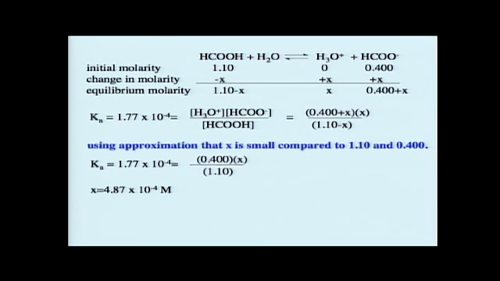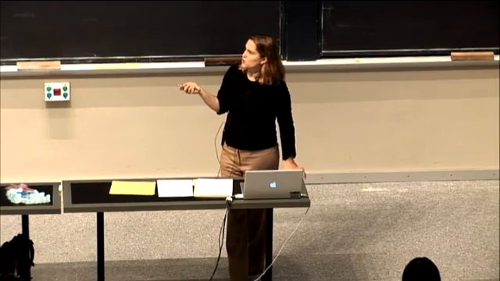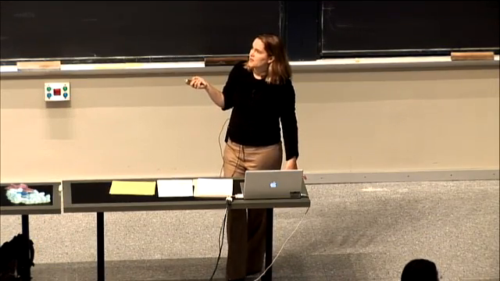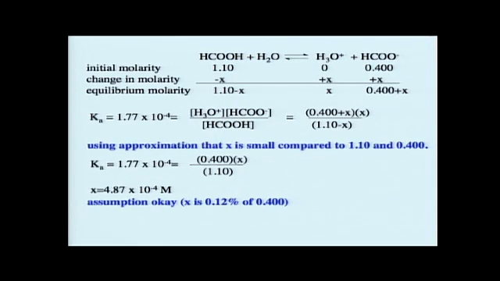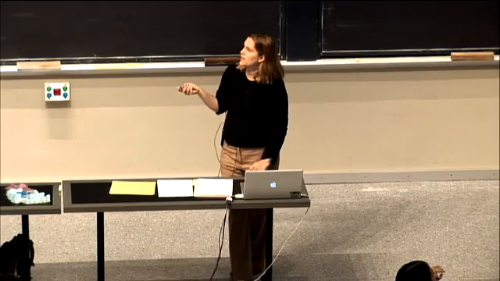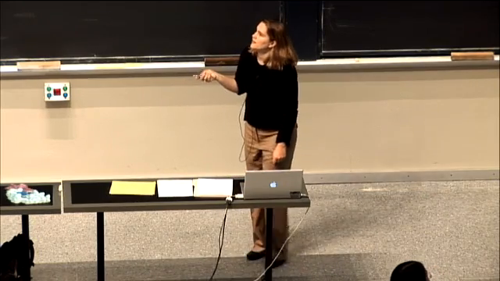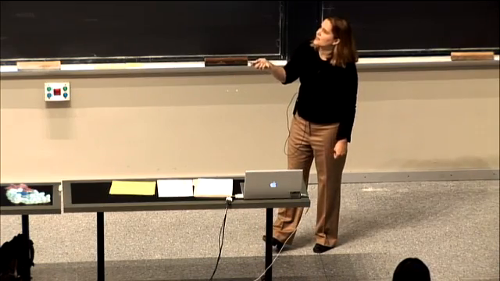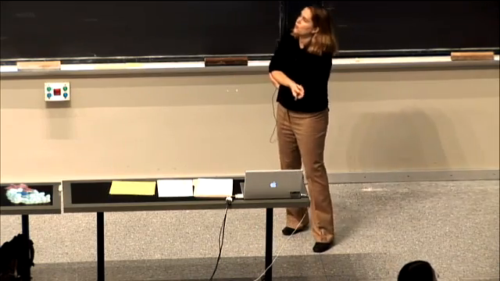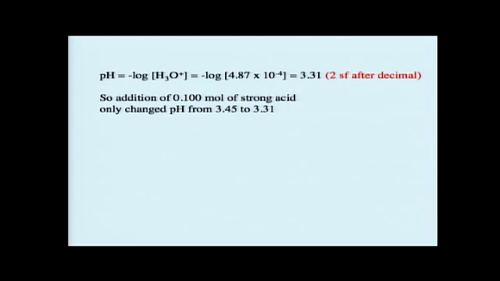So again, it's a small number, and it turns out to be less than 1% of 0.4. If it's less than 5% of the smaller number, you don't have to worry about the bigger number. And so your assumption is OK. You don't need to use the quadratic equation. And so then we can calculate at the end that the pH is now 3.31. Again, two significant figures after the decimal place because of the volume.